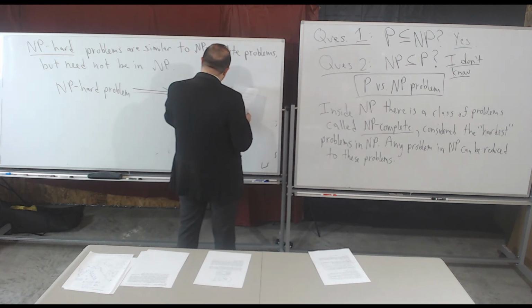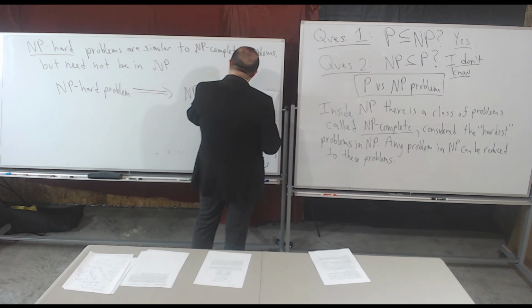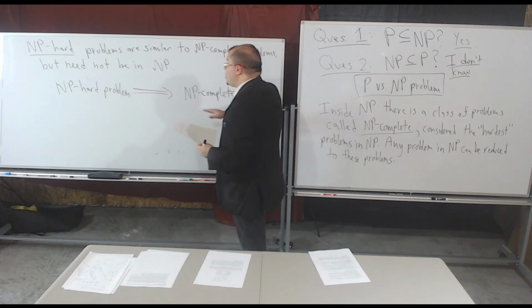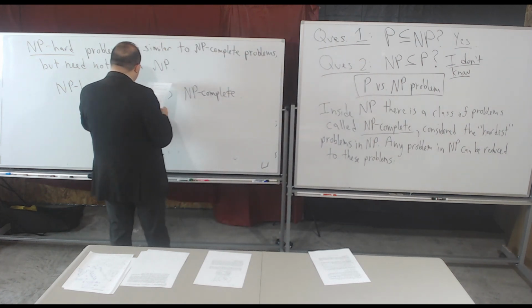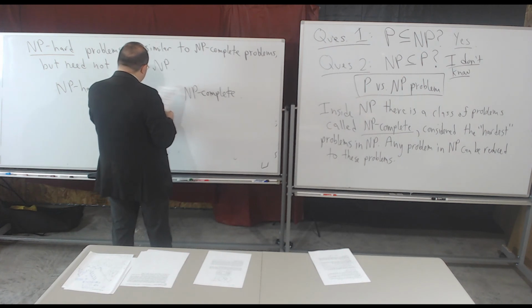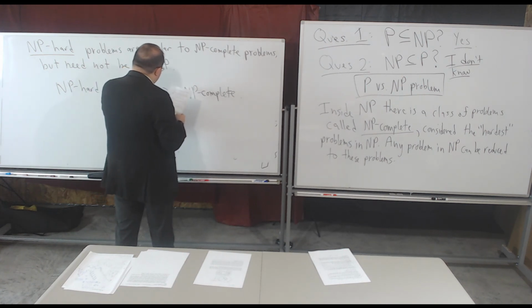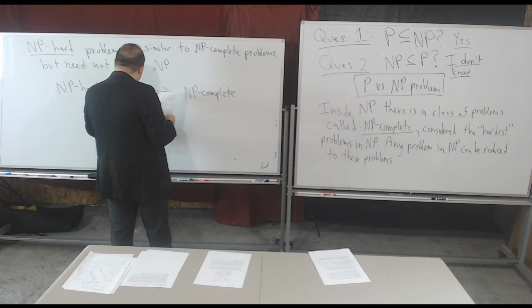What we could do is we could take an NP hard optimization problem and transform it into an NP complete problem by turning it into a decision problem. That's the big point.